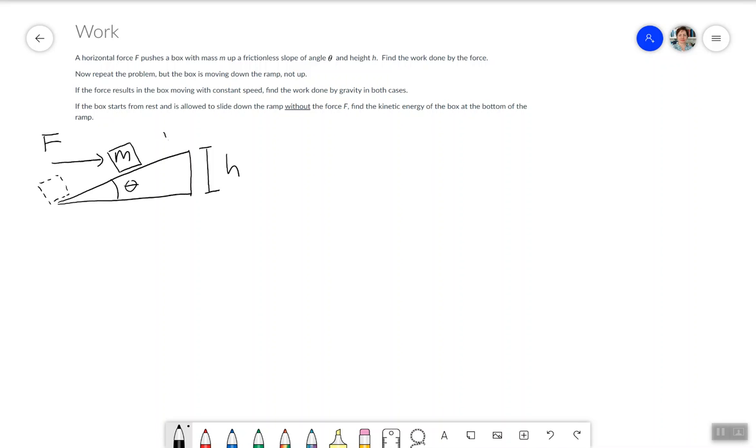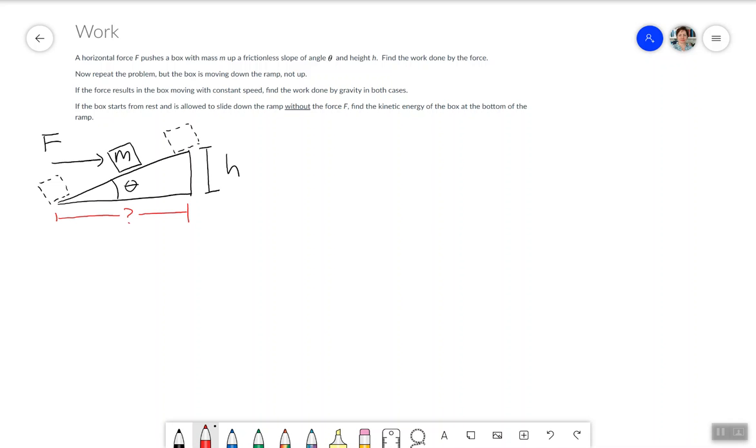to the top? Notice that I have to specify that. Work isn't something that just occurs in an instant, it's something that happens to an object over a path. Well, what I need here is the component of the path that is along the direction of the force.